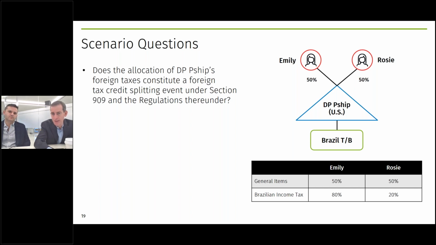With the 909, if you're covered under 909, which this fact pattern is not, it actually, as Jake mentioned, isolates just the amount of taxes that are split as a result of that interbranch payment, and then it tells you exactly when and how much of the taxes free up when the related income is brought back to the person that got too much of the taxes. So it's prevention. Yeah, it is, but it's mechanical.